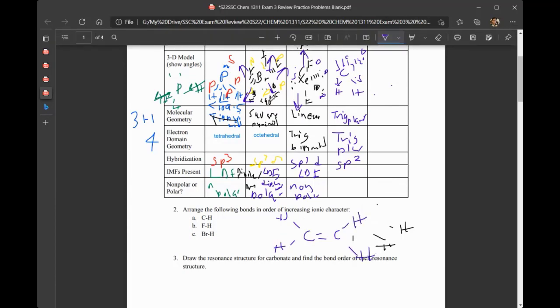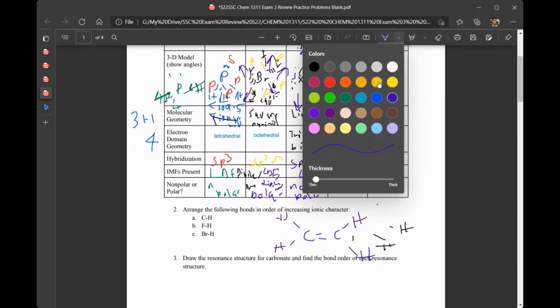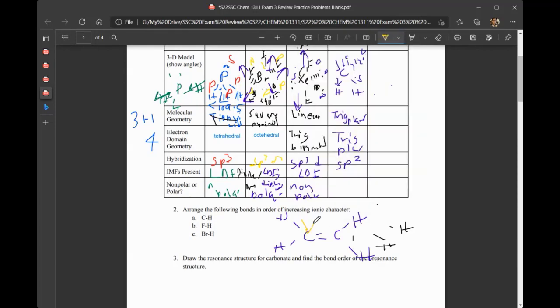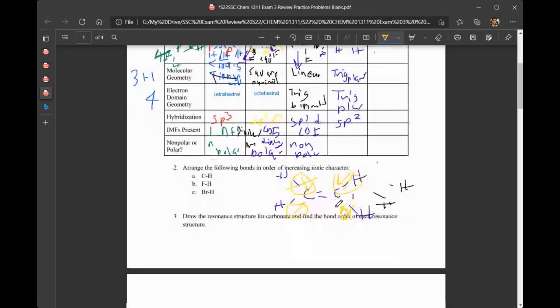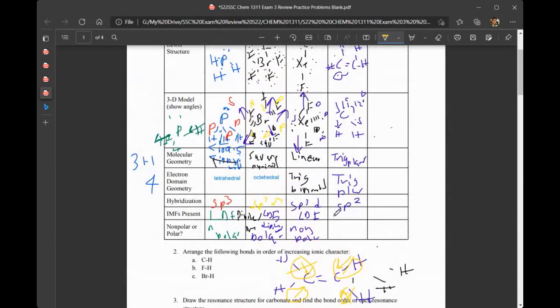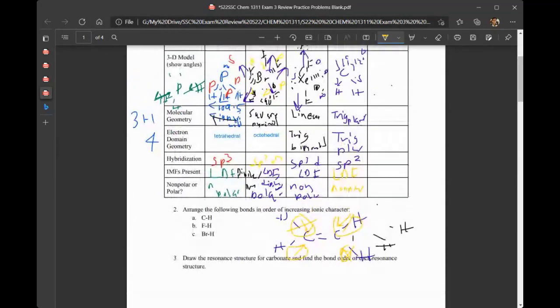So if you draw those vectors, it looks like this, and then it's going to point to the more electronegative one. So this one will cancel this one out, and this one will just cancel this one out. And so that will give you nonpolar, because there are no net dipoles. And then IMFs, you just get LDF. It's just nonpolar. Any questions on that?